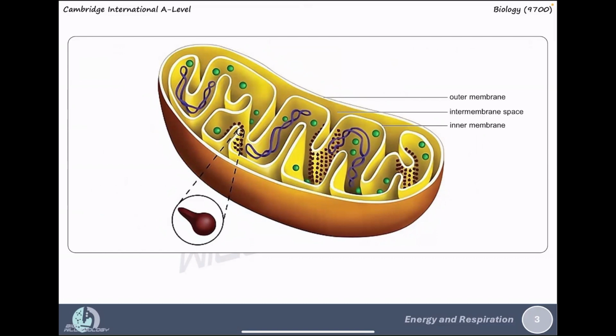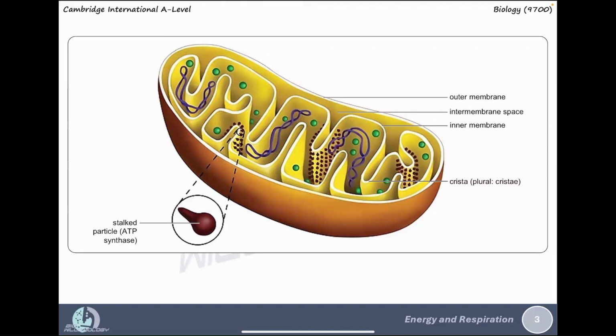The space between the outer membrane and inner membrane is known as the intermembrane space. The folding of this inner membrane forms crista, singular, and plural is cristae. On the cristae, we will be able to find a structure known as a stalked particle, which consists of ATP synthase.